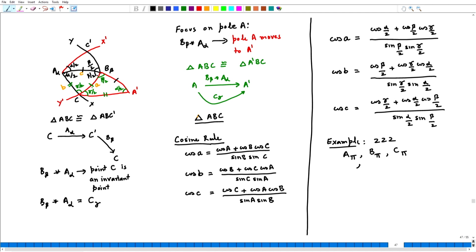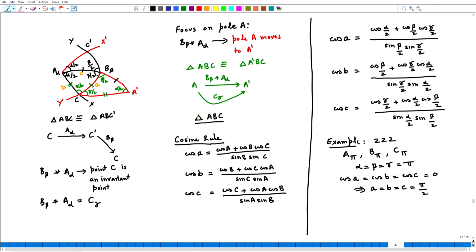From the cosine rule, we can clearly see that when I substitute, I have alpha equals beta equals gamma equals pi. When I substitute alpha, beta, gamma in the cosine rule, very clearly, all the terms in the numerator are 0 and the terms in the denominator are basically 1. Hence, cos A equals cos B equals cos C, which is equal to 0, and therefore, A equals B equals C equals 90 degrees.